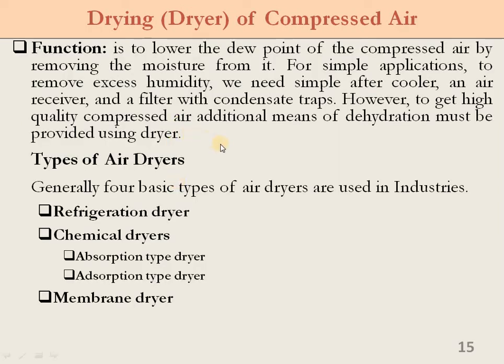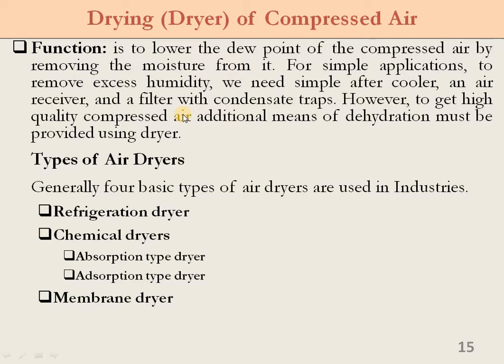So dryers, what are they? You have studied so many components in the pneumatic system, like compressors and filters, and similarly a dryer is also a very important component. The function of the dryer is to lower the dew point of the compressed air by removing the moisture from it.